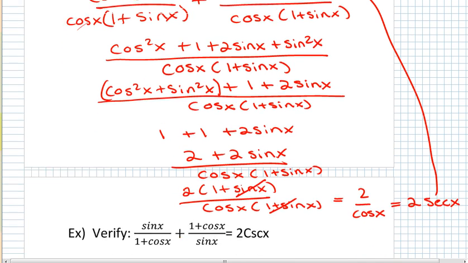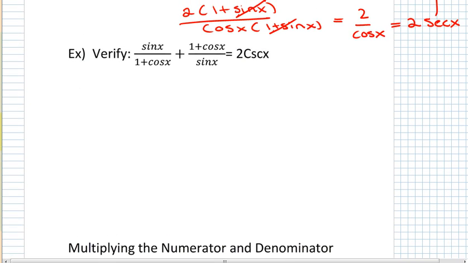So go ahead once again, stop the video, and try to work on the next one. So this one, same deal. Sine of x, you got to multiply that both sides here to get the common denominator.